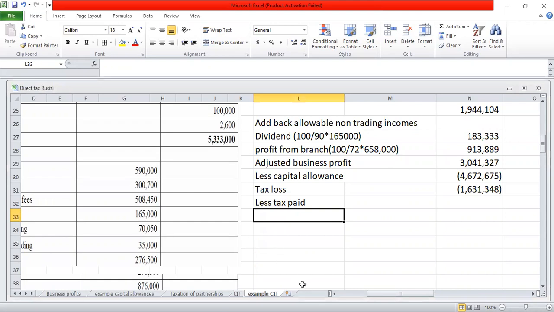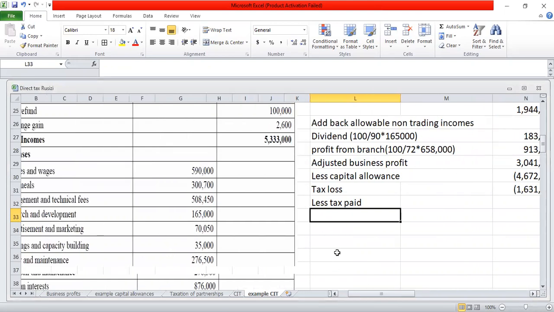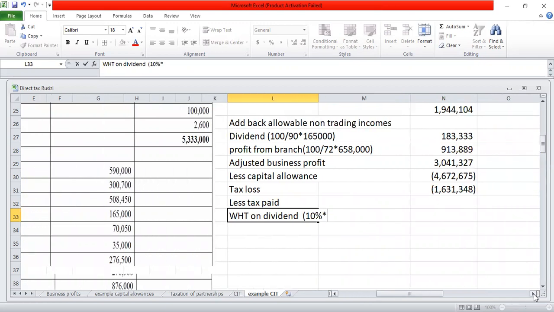So we have withholding tax on dividend, which is 10% times 183. 333.